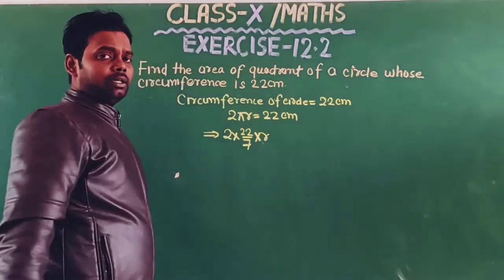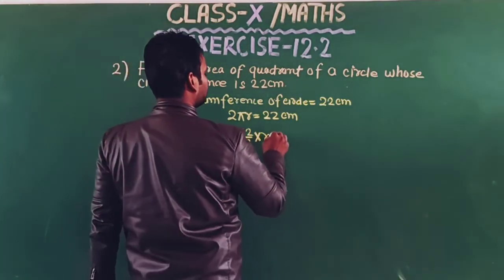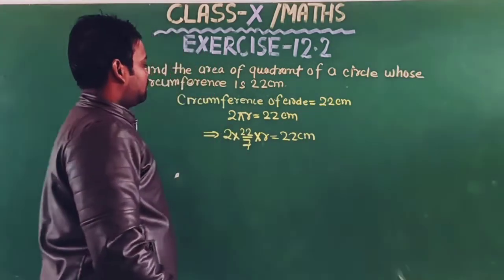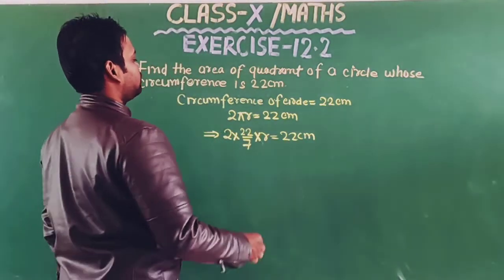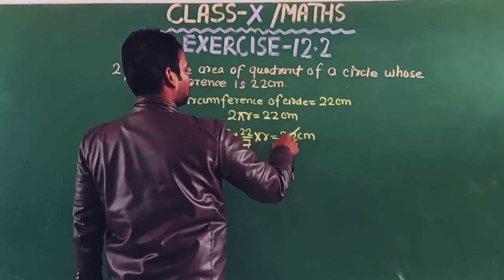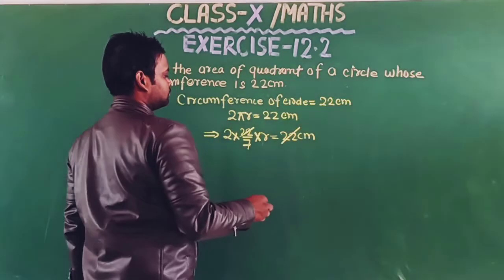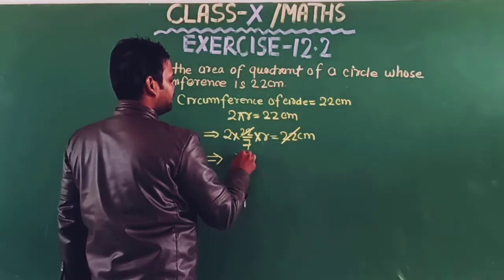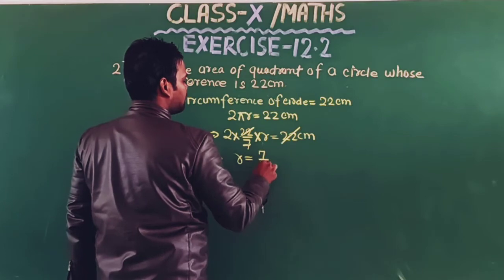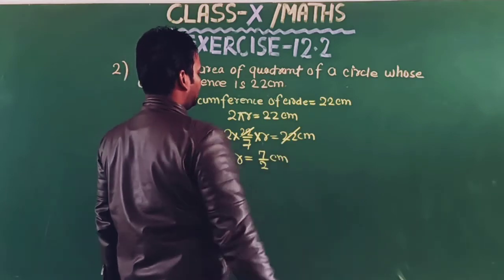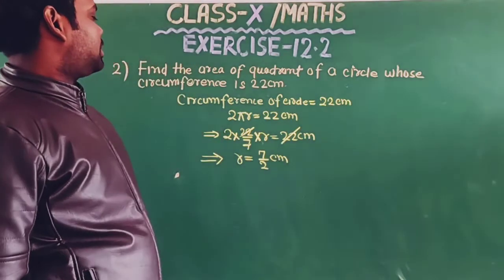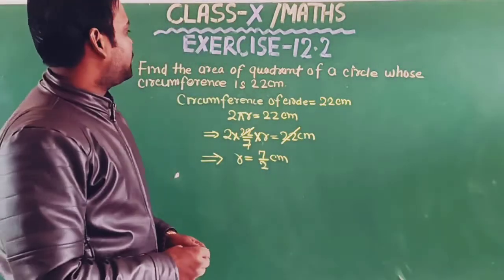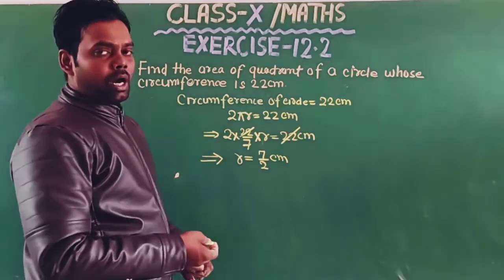So this is 2, the value of pi is 22 by 7 into radius, which we have to find, equal to 22 centimeter. Now we can cancel out 22 on both sides, and finally we will get radius r equal to 7 by 2 centimeter. Radius r of a circle is equal to 7 by 2, and also we know the formula for the area of a quadrant.